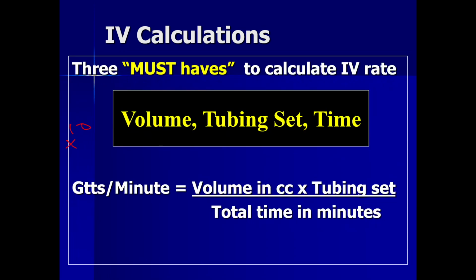We're going to multiply that by the patient's weight, which is 4, and that gives us 40. So volume here is going to be 40 cc's. Our tubing set, it tells us, is a 15 drop set.